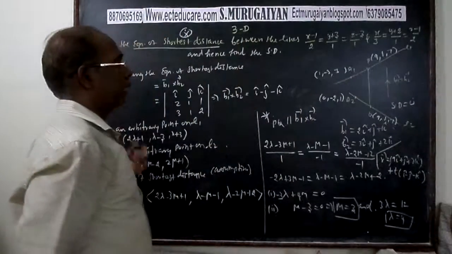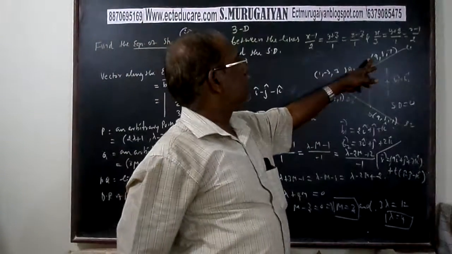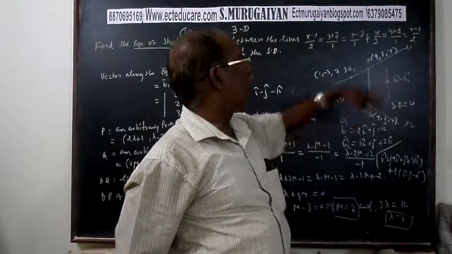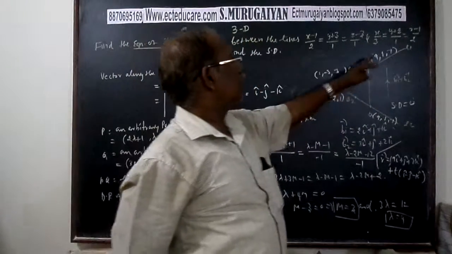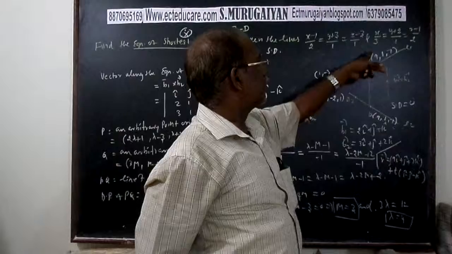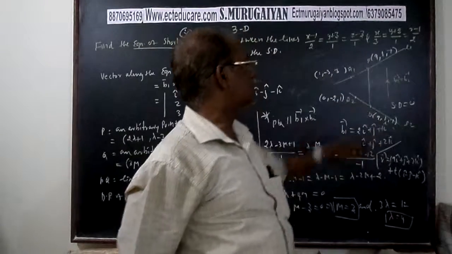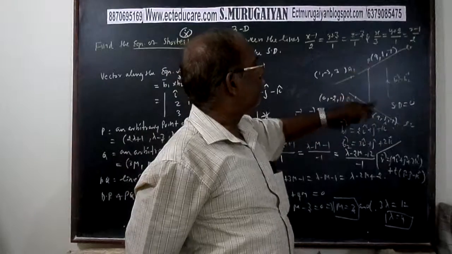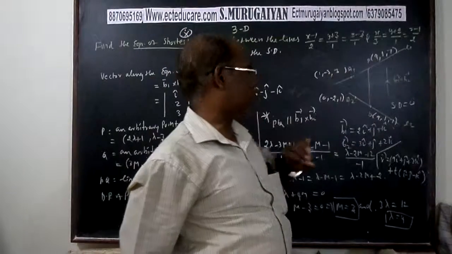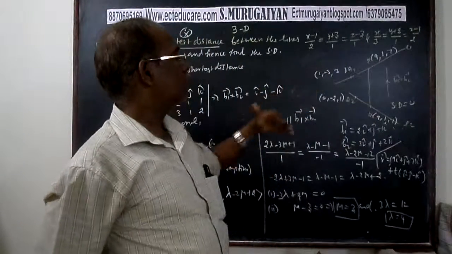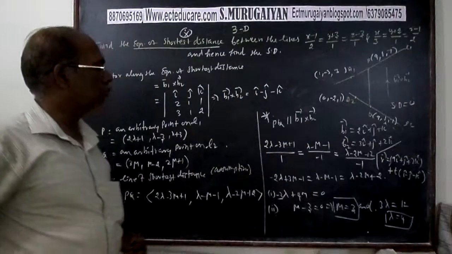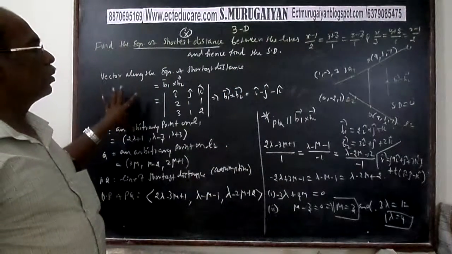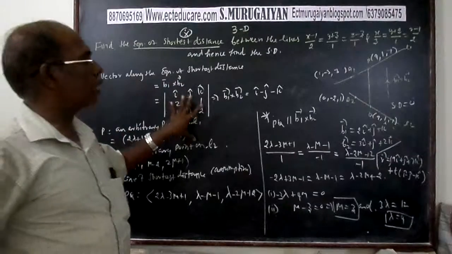Sometimes, in case the coordinates of P and Q are different, using the two points formula we can find the equation of shortest distance. Again using the two points formula we can find the distance, that is the shortest distance. This is a method, and my dear students, go through it and practice more problems.